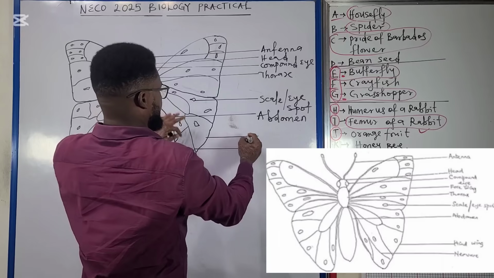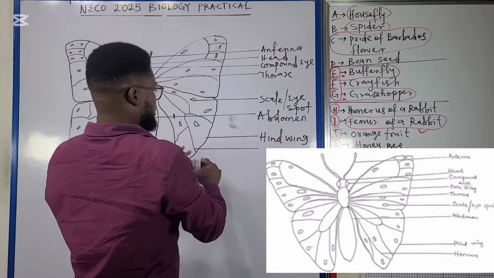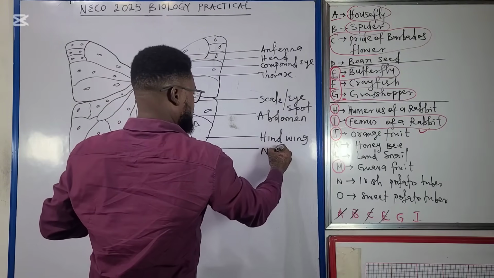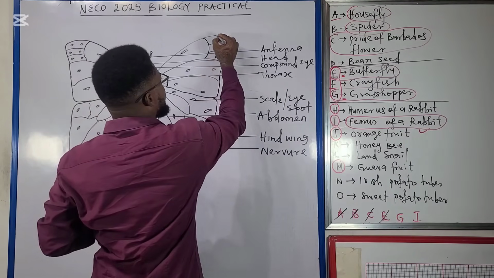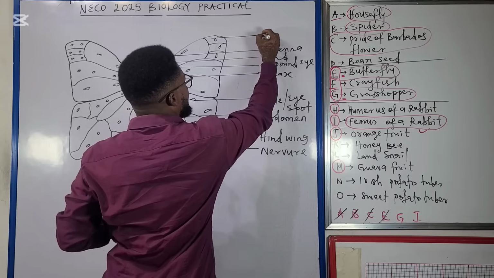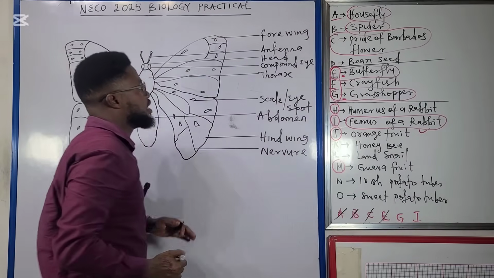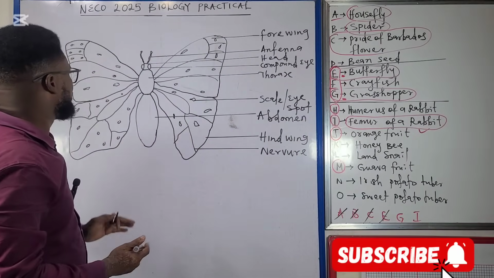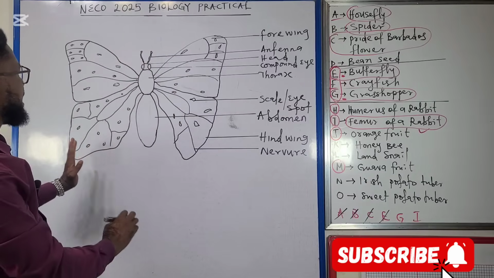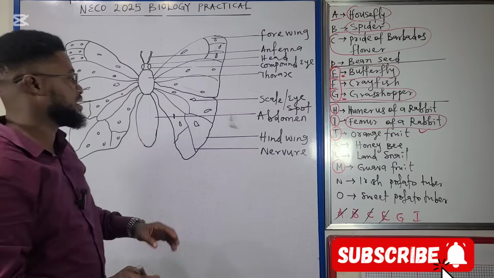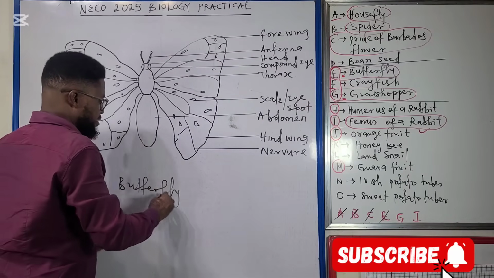This here is the hindwing. This here is the nerve. Up here we have the forewing. Okay, we can have the forewing. Now this is the forewing, this is the hindwing, and that's just about the labeling. This is the basic plan, how you go about drawing specimen E, the butterfly. Take note of that.